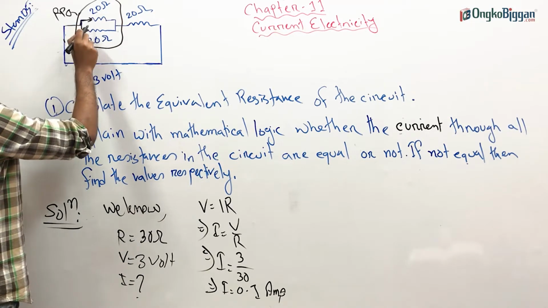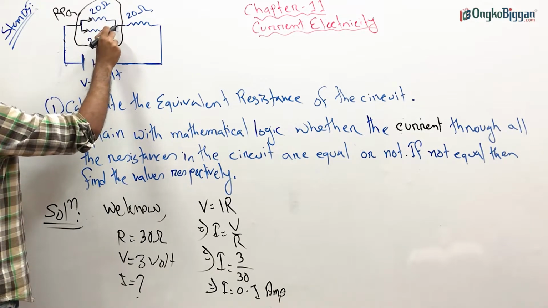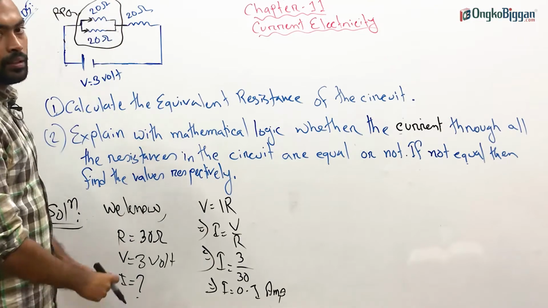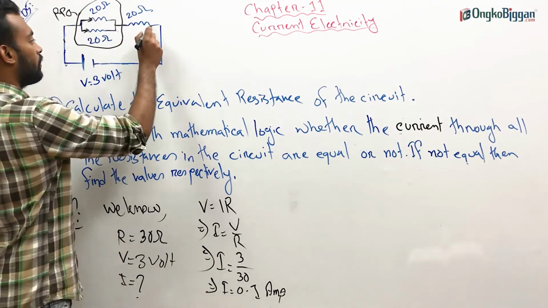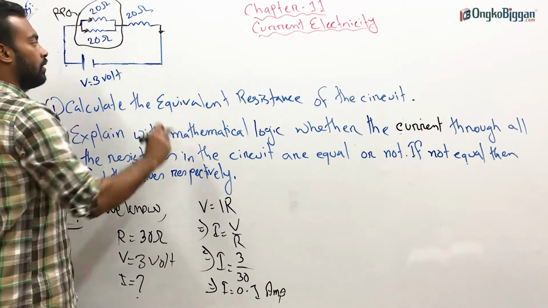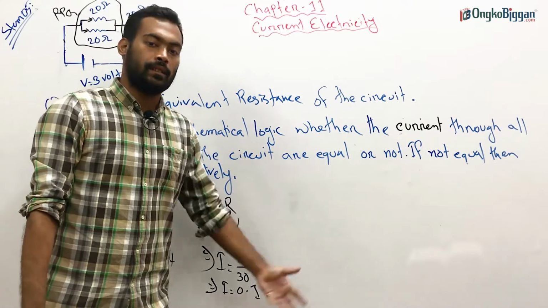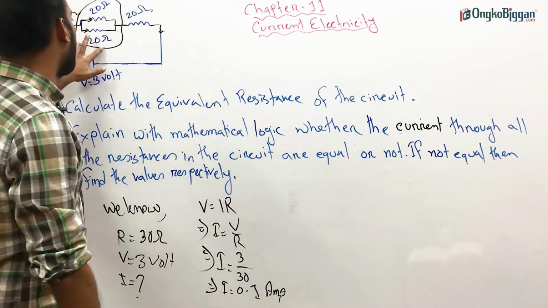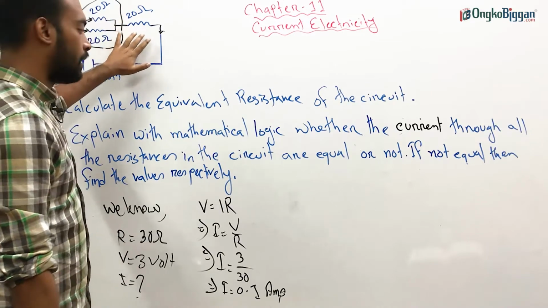In the other resistance a different current is coming because it is in series, and due to resistance the value of current changes. So the currents are different in these resistances.